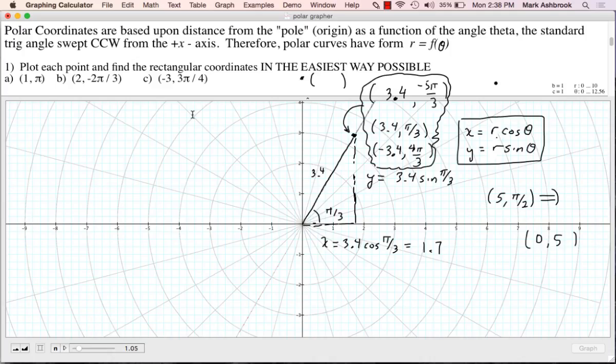And then for this one, see if you can write the coordinates of this in 3 other ways, 3 other ways in polar coordinates. I think that is number 2.